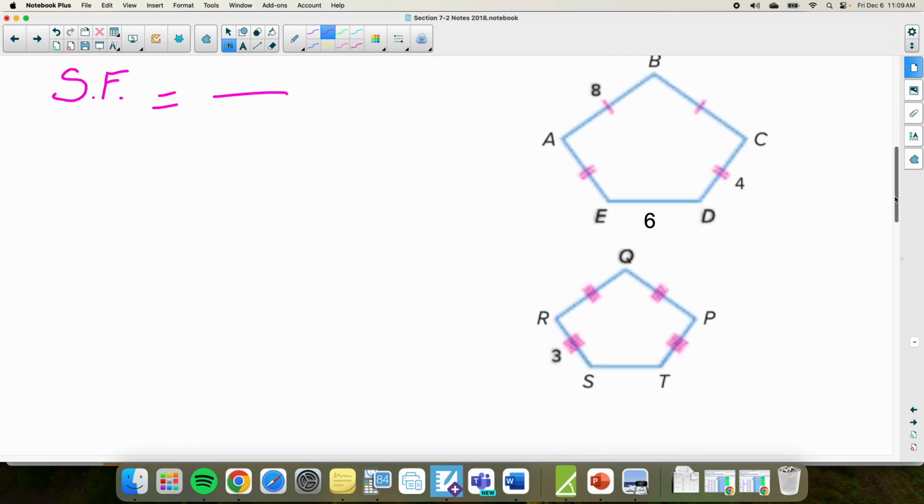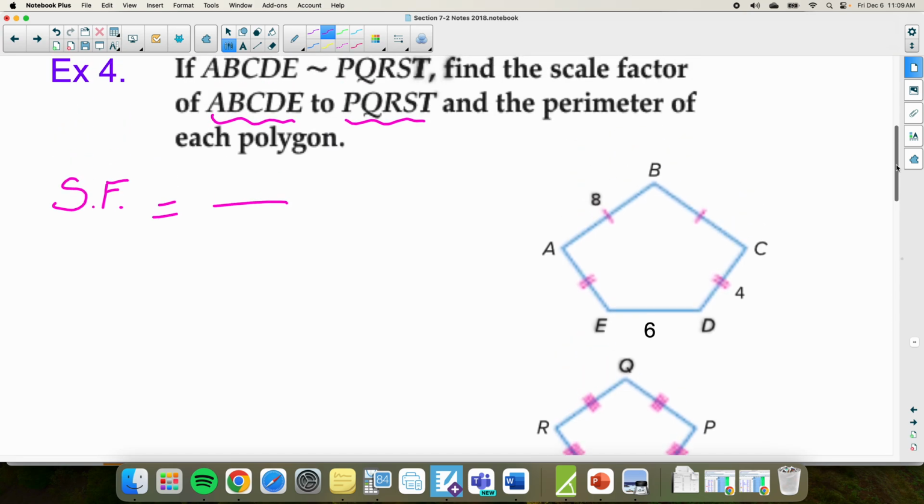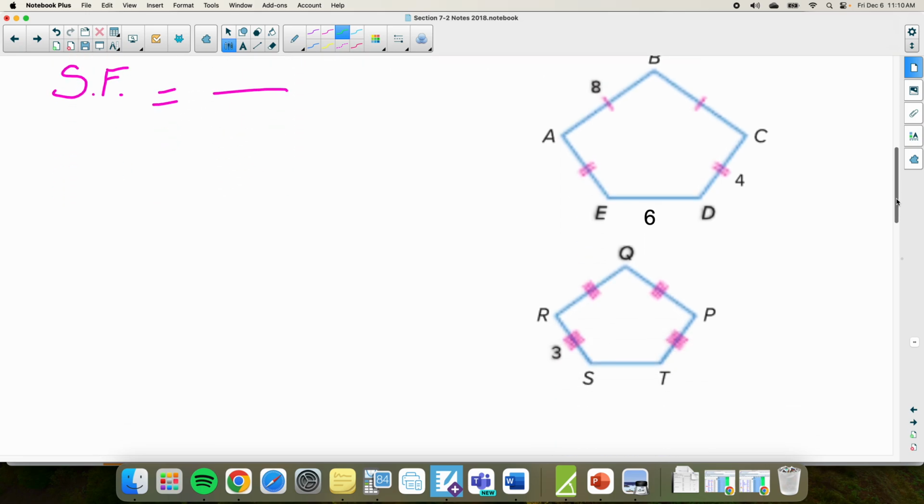So I want to look for two sides that are corresponding that I can just reduce down. Now here's how you could do it. I have AB. AB is the first two letters of that one, so that's going to correspond to PQ. Okay, so AB is going to correspond to PQ.